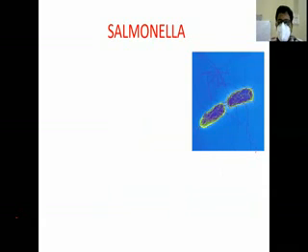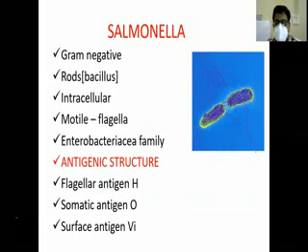Salmonella, you'll see the organism details. It is a gram-negative, rod-shaped bacillus. Usually it is intracellular and it is a motile organism. That is, it has flagella, it moves with the help of flagella, and belongs to the Enterobacteriaceae family.